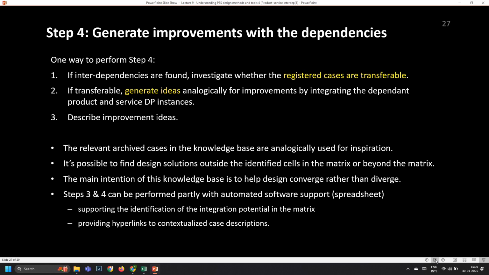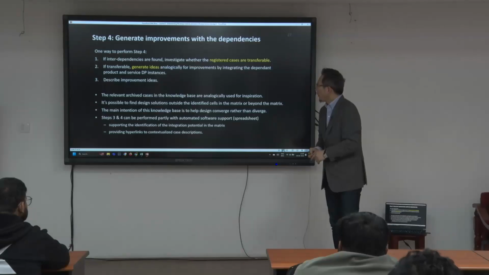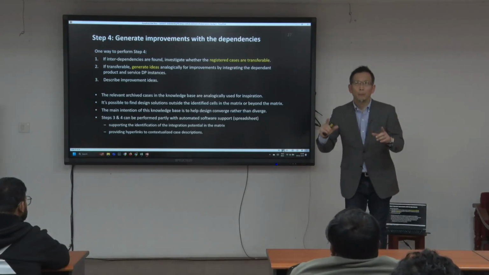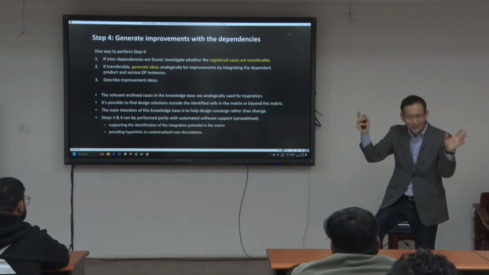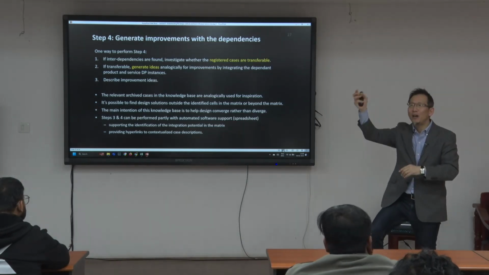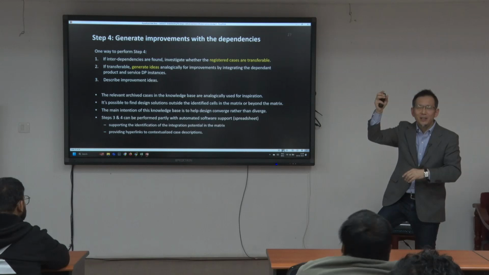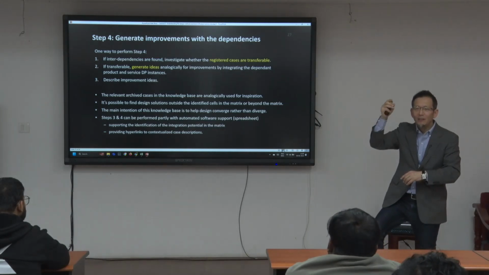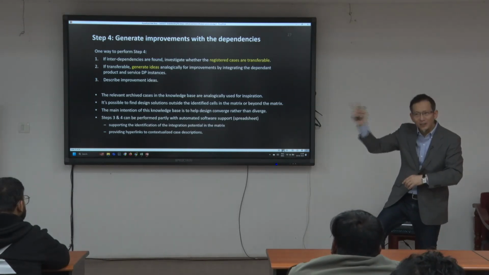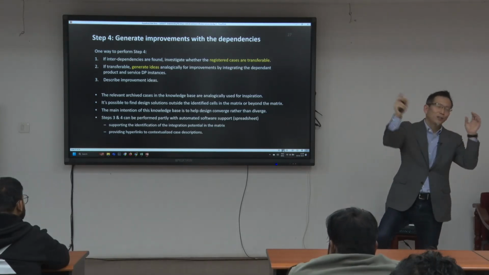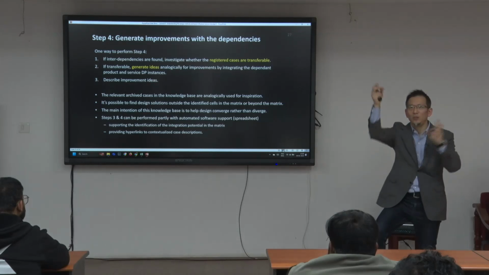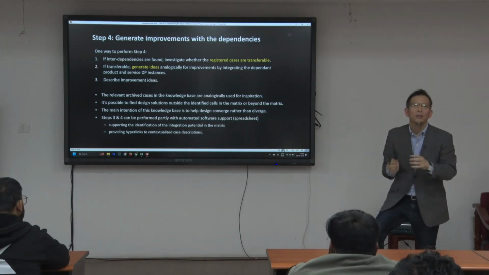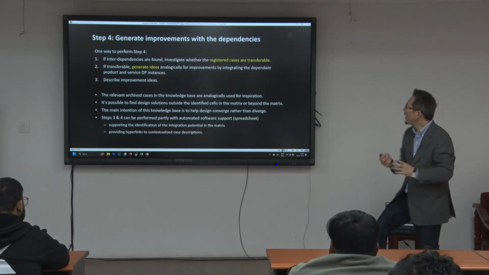So just be aware of that limitation. Also, you may find an interdependency outside the matrix even. For example, you may find a service design parameter instance that doesn't belong to any of the classes, and that also applies to another. And even in that case, you may find interdependency between the two parameter instances. It's also possible.